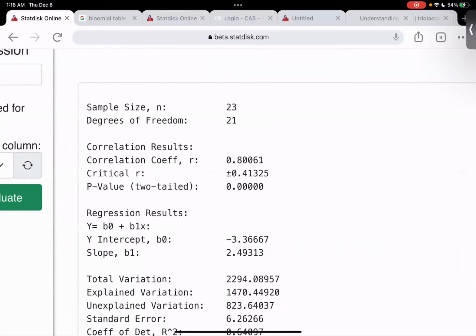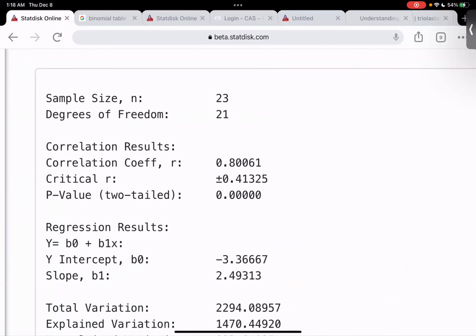So now look here, how many values do we have? The sample size is equal to 23, and the degrees of freedom is 21. Why 21? Because n minus 2. Why n minus 2? Because we know the values of x bar and y bar.